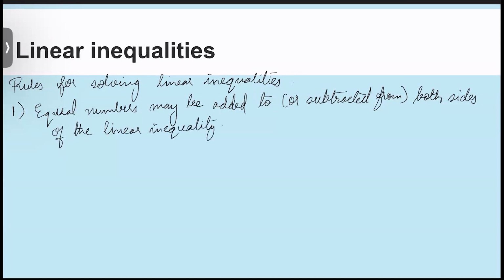Suppose you have 3x plus 2 is less than 8. Suppose this is what you're given, so you can subtract 2 from both sides. So you have 3x plus 2 minus 2 is less than 8 minus 2.